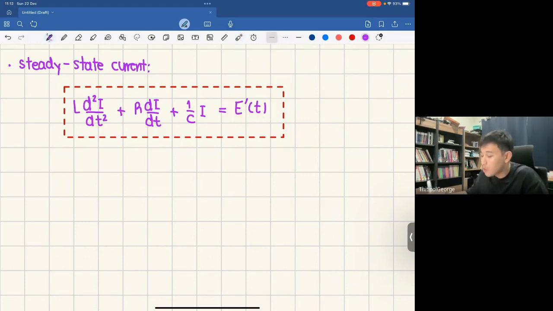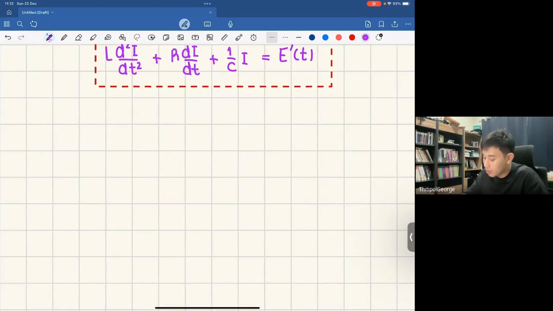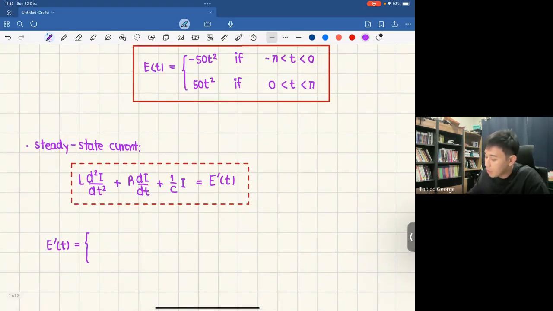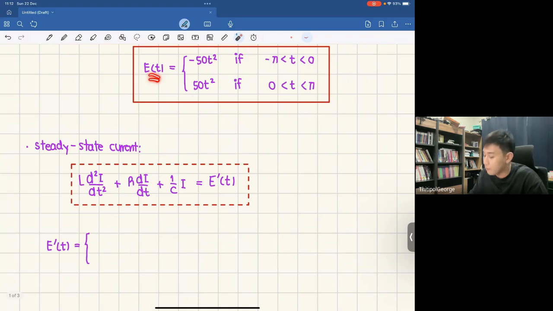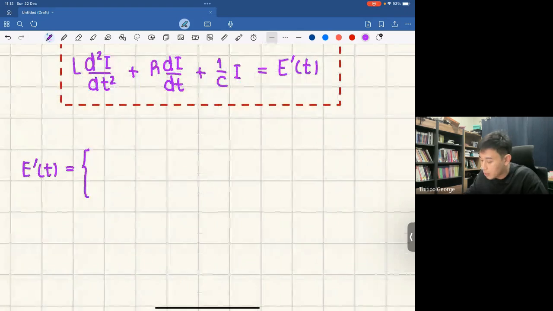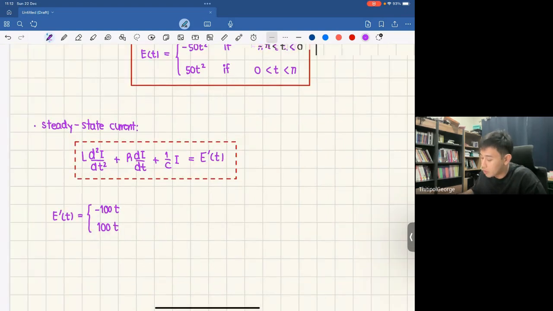So first, since we need E prime of t, let me find the function of E prime of t first. We only know the function of time of E(t), the normal one. So if you find the derivative of this one and this one, what we get would be negative 100t for the first time interval, and 100t for the second time interval.